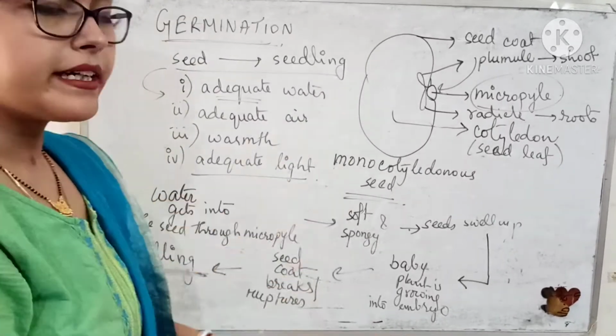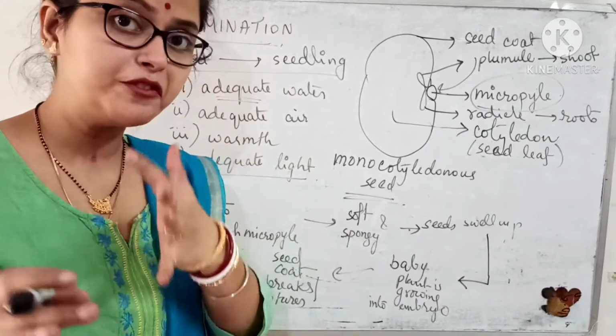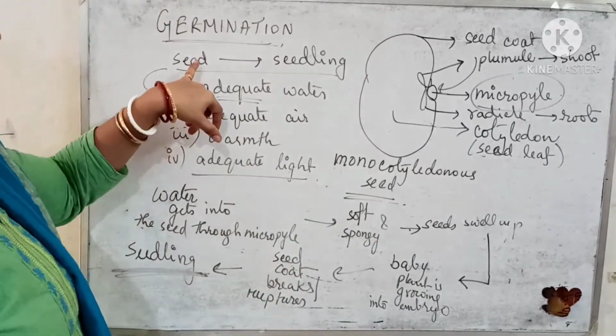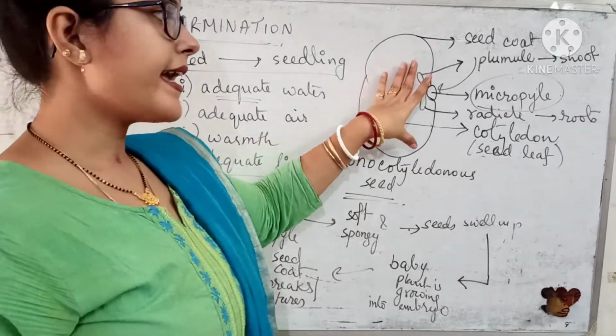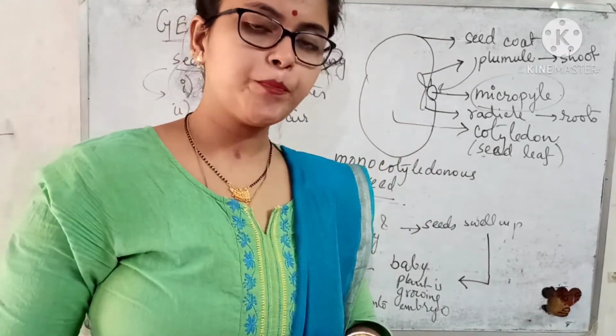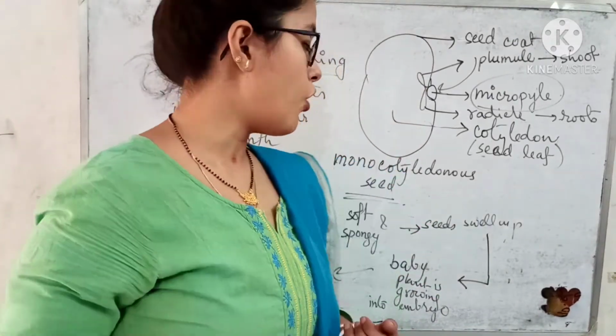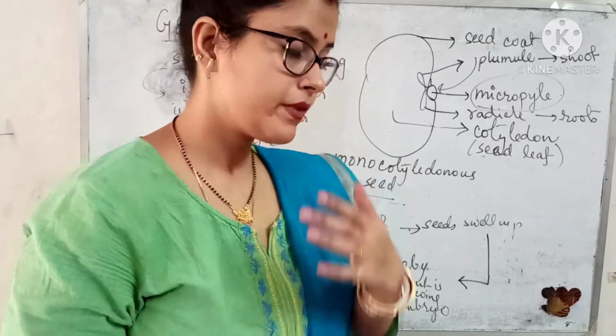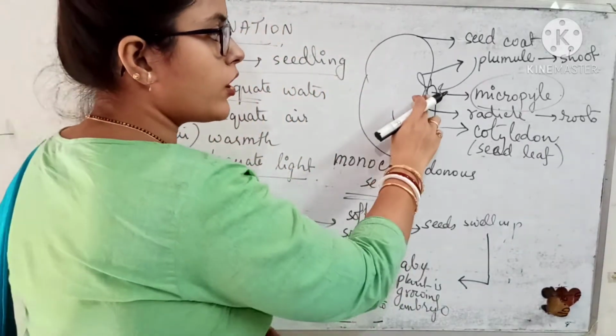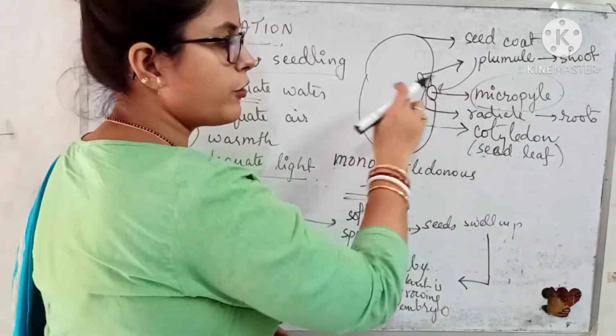So let us repeat again what happens in the process of germination. Firstly, when the seed gets adequate amount of water, air, warmth and light, it takes in that water through the opening called micropyle.